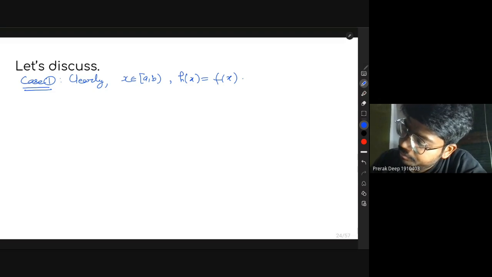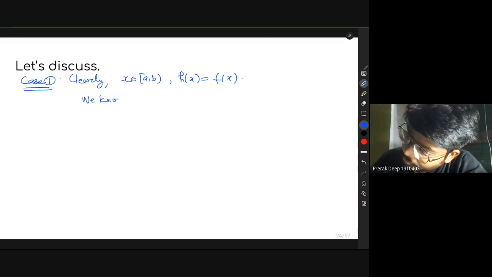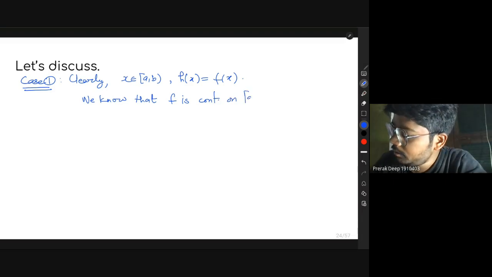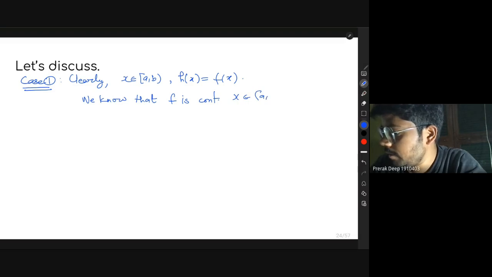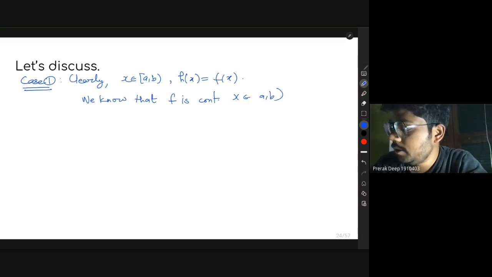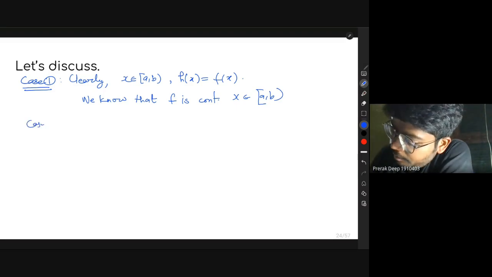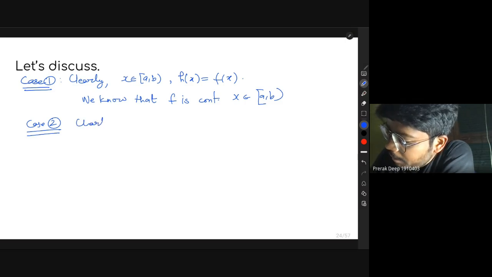And we know that f is continuous at x, where x is taken in this interval. Similarly for case 2 you can argue in a similar manner.